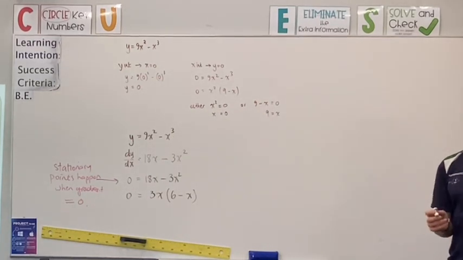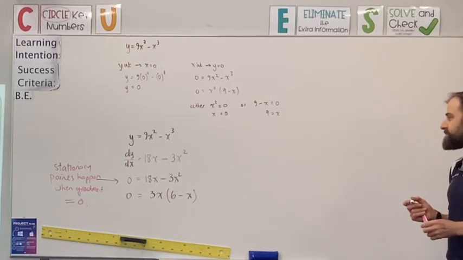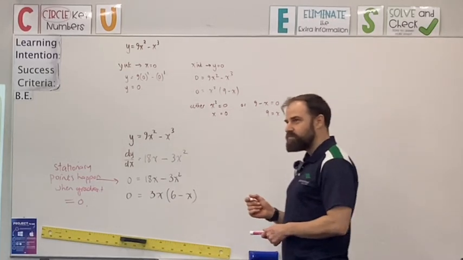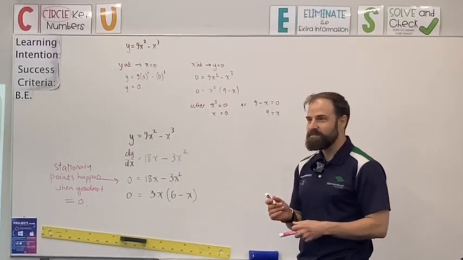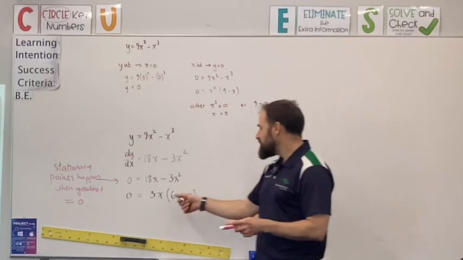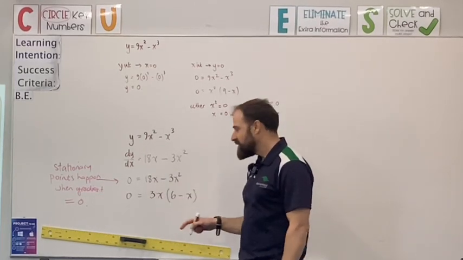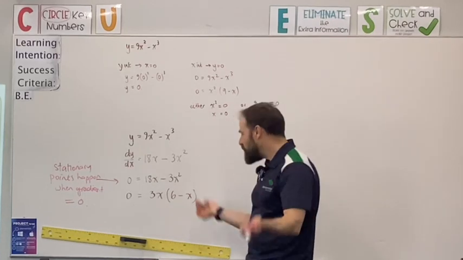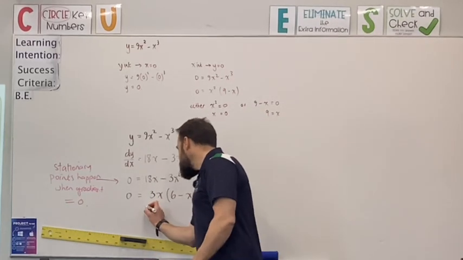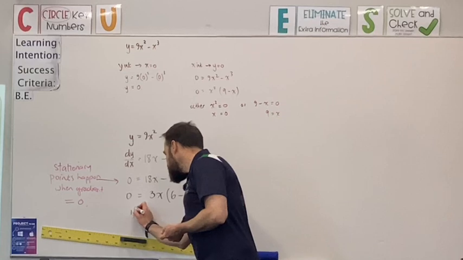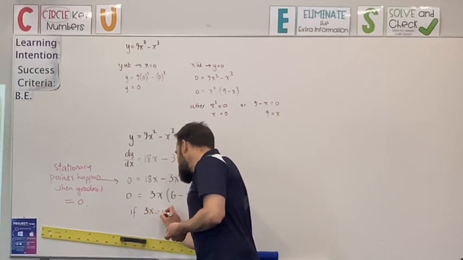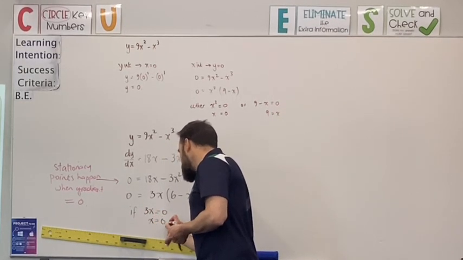How do I solve that? How can I get an answer of 0 when I multiply two things together? One of them's got to be equal to 0. So if 3x equals 0, x equals 0.